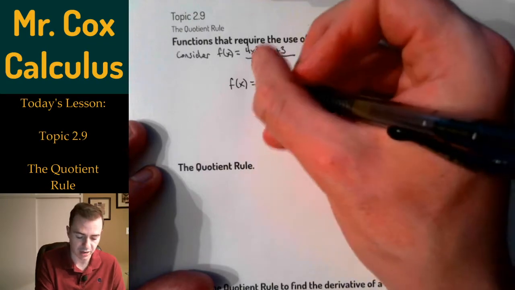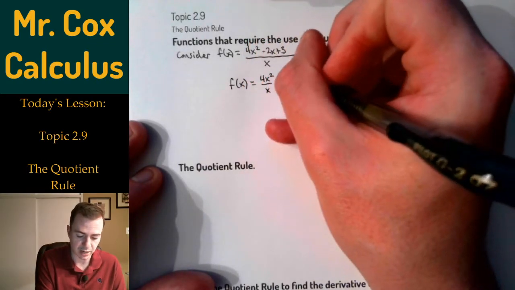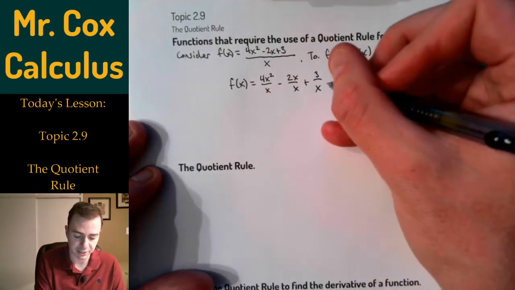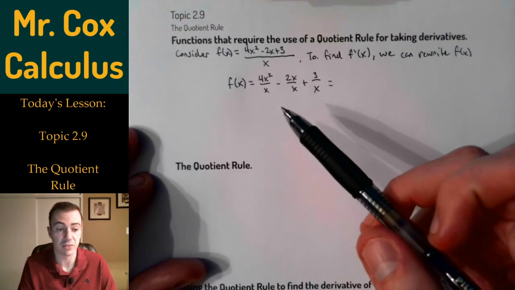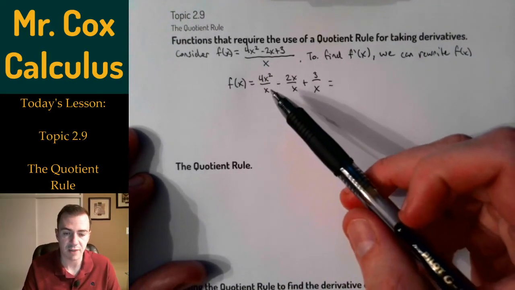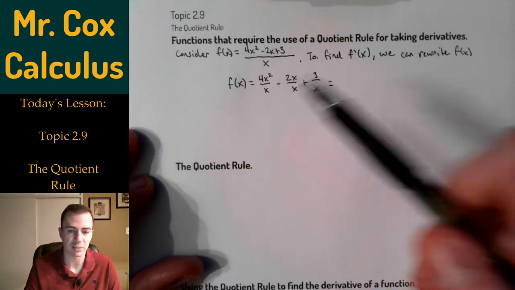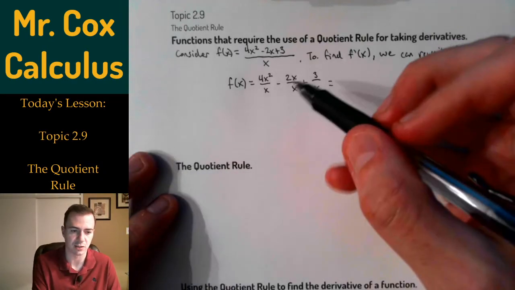We can say 4x squared over x minus 2x over x plus 3 over x. And if I simplify this so that now I can take the derivative, this works very nicely because if I have that single x in the denominator, I can do some reducing, some rewriting in a way that's going to get it in that polynomial form that I can take the derivative of.